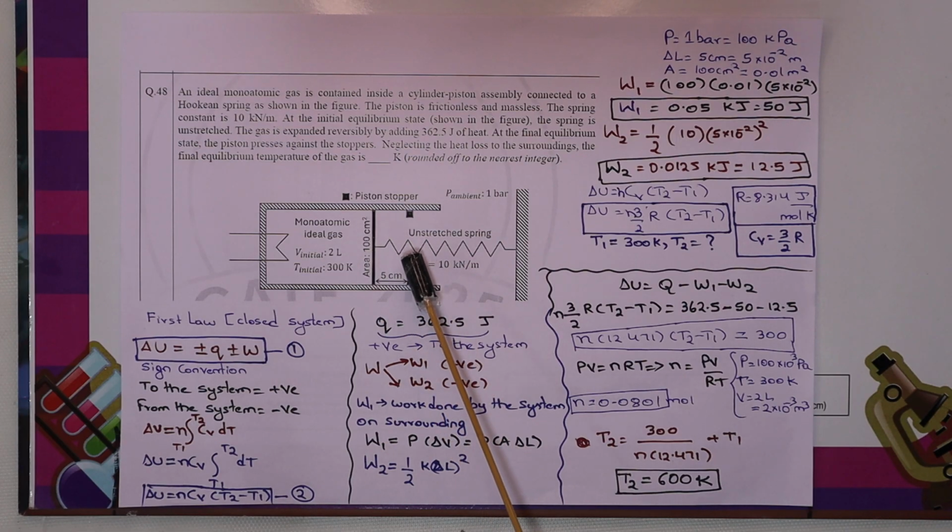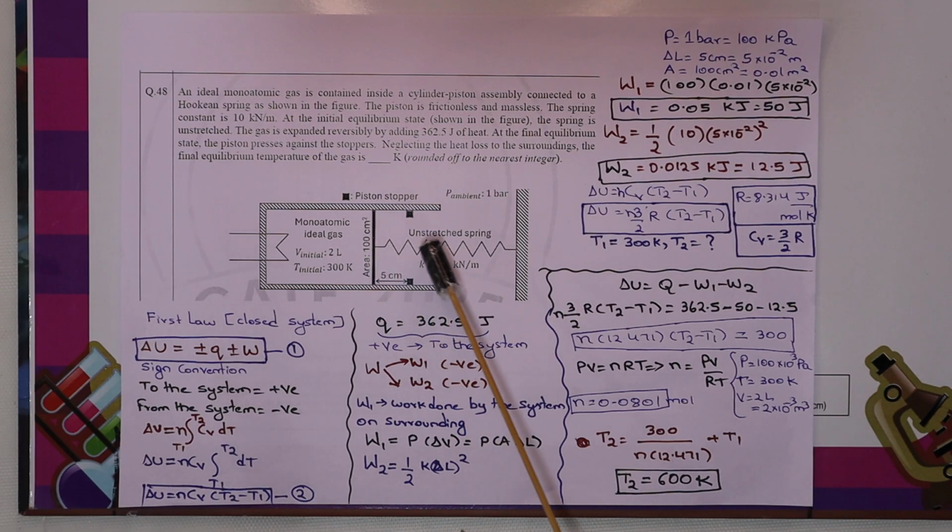The system got expanded. Because of this expansion process, it does two things. One is it is pushing the spring to the right side. That means the system is doing some work on the spring. The second work is, outside the system it is at an ambient pressure of 1 bar. If the system got expanded, it has done some work against the surroundings. That means there are two works done by the system.